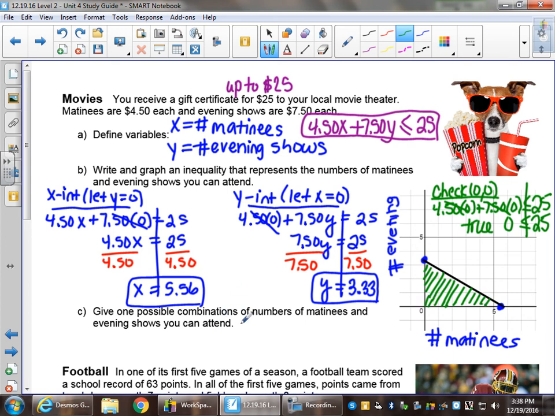Give one possible combination of numbers of matinees and evening shows you can attend. We can pick any ordered pair in here. So like, I want to stay super in the middle just in case. Avoid the edge. So 2, 1 would mean 2 matinees and 1 evening show.